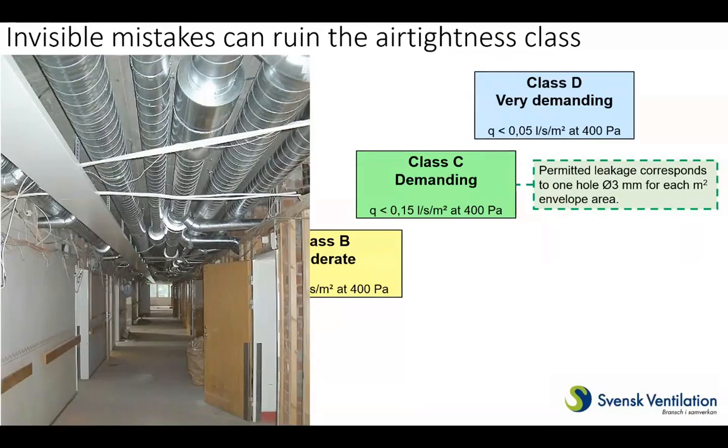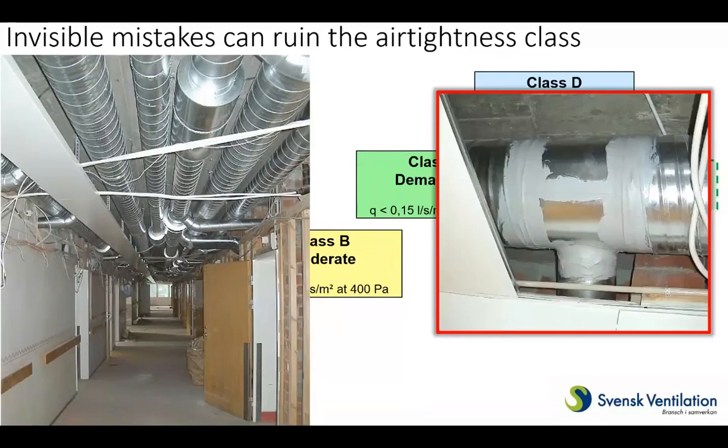And after some weeks, when I came back, they showed me this and complained, why is it so leaky that we have to put mastic on everything? I mean, it doesn't help anyway. It doesn't help to mastic it, but still, we do it.